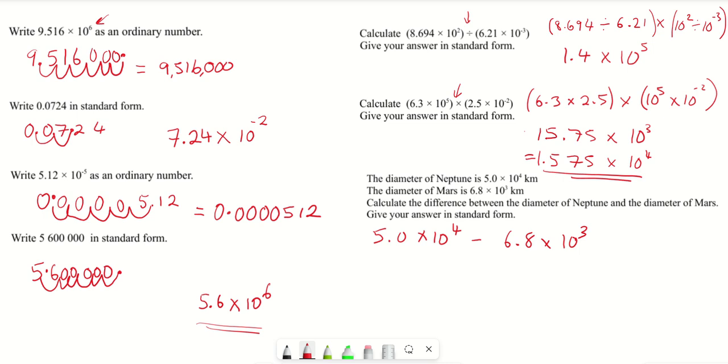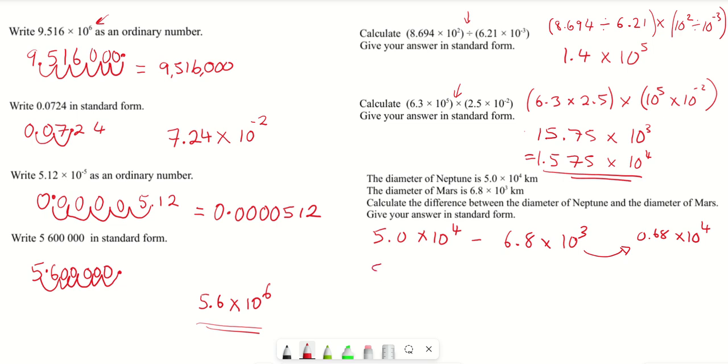So we can change this one to get it to 10 to the power of 4. Okay, now if I add a power of 10, that means I need to divide 6.8 by a power of 10. So that becomes 0.68, and that is equivalent, but now it's to a power of 4.